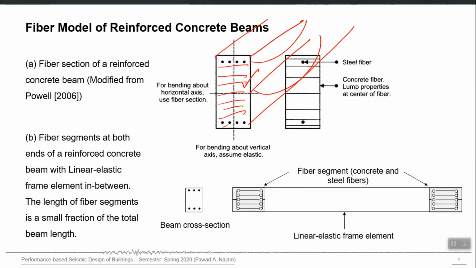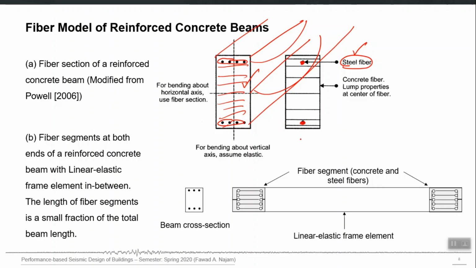All those rebars at the top can be joined or lumped and represented by one hypothetical steel fiber. The area of that steel fiber will be the sum of the areas of all those 4 rebars, let's say, and the location of that fiber will be exactly the level of those rebars. Similarly, the bottom steel can be lumped as one steel fiber, right.